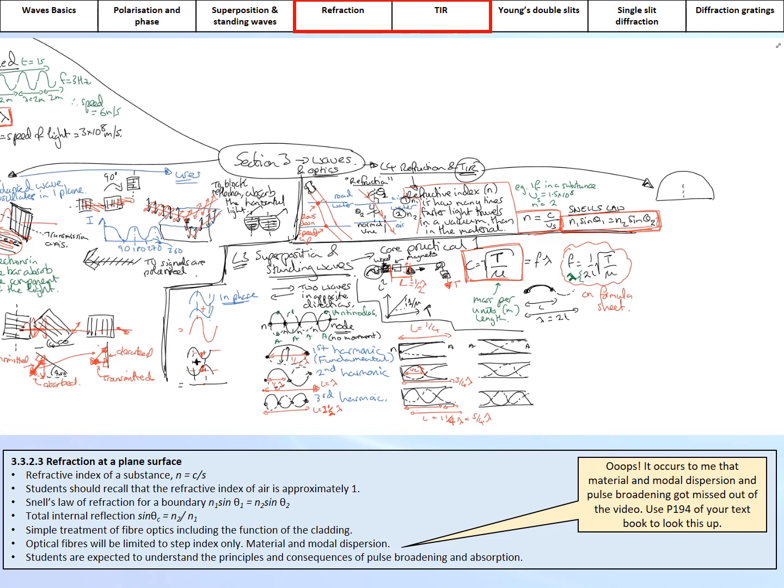And that way, when the light hits the glass block, it hits at right angles. It doesn't change direction, it doesn't refract. And you found out that eventually, at some angle, which we'll call the critical angle, let's draw that in black.